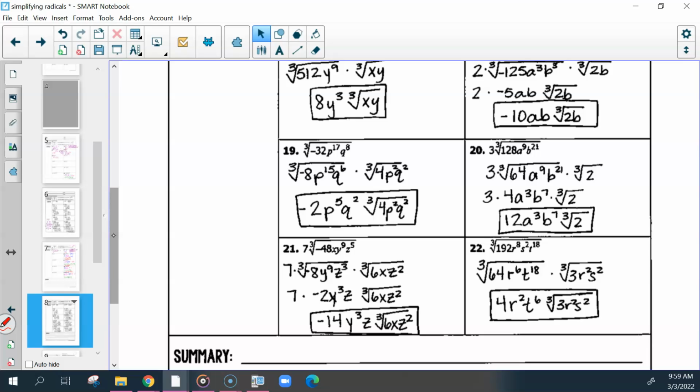And then the very last one, negative 14y to the third times z times the cube root of 6xz squared.